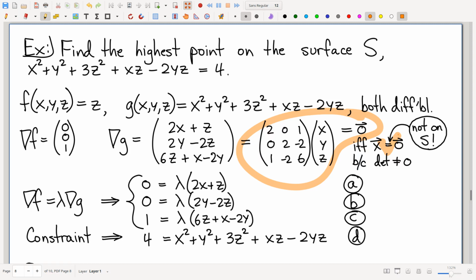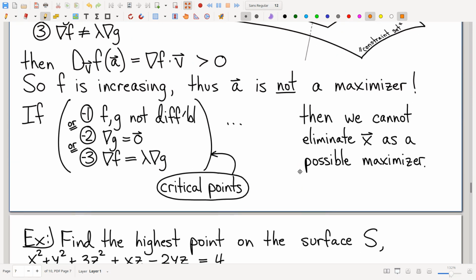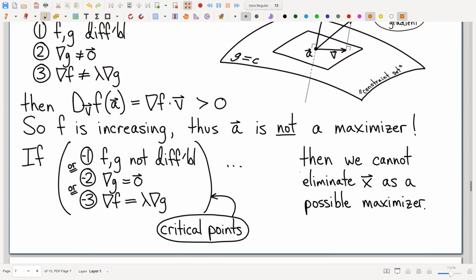Okay, now, a lot of people think that means it's a critical point. It is not. Keep in mind these conditions are conditions that we have to check among points that we are interested in as possible maximizers, namely points that are actually on our constraint set, right? So if a point's not on our constraint set in the first place, we don't need to eliminate it.